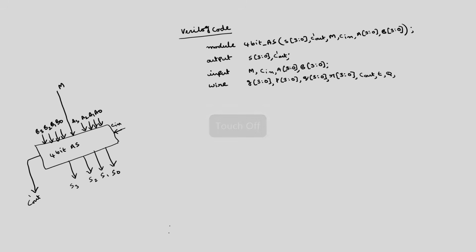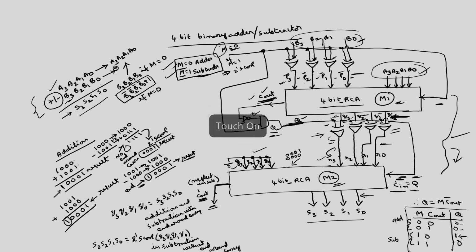XOR. The output of this one is P3, input is M exclusive OR with B3. This is P3 is M exclusive OR with B3.